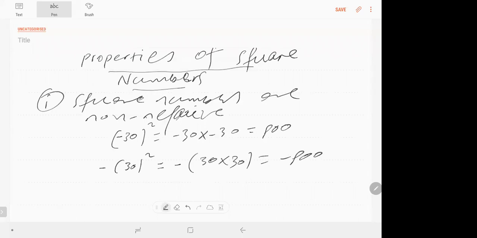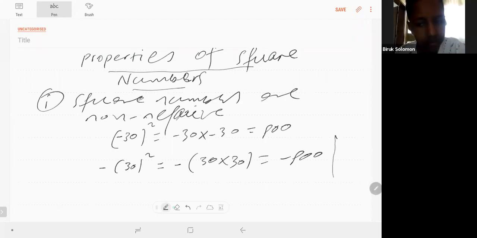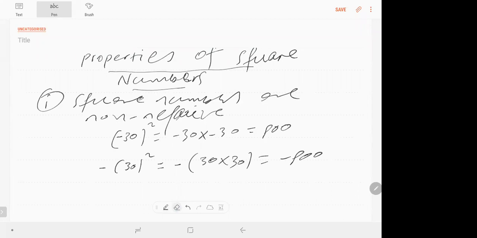So this expression and this one are totally different. So this is the first property: square numbers are all non-negative. Is that clear? Yes. Okay.